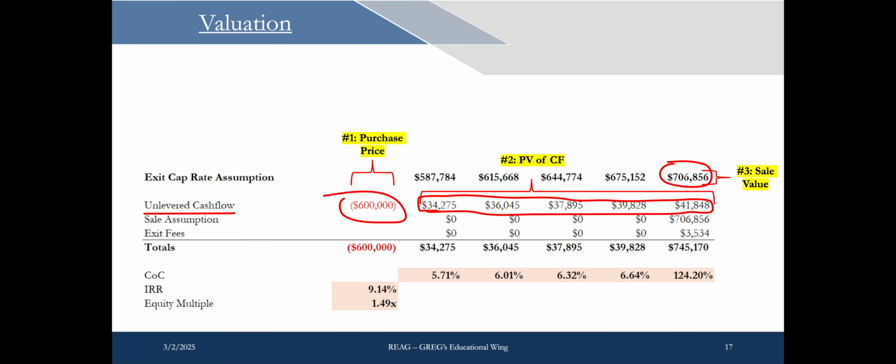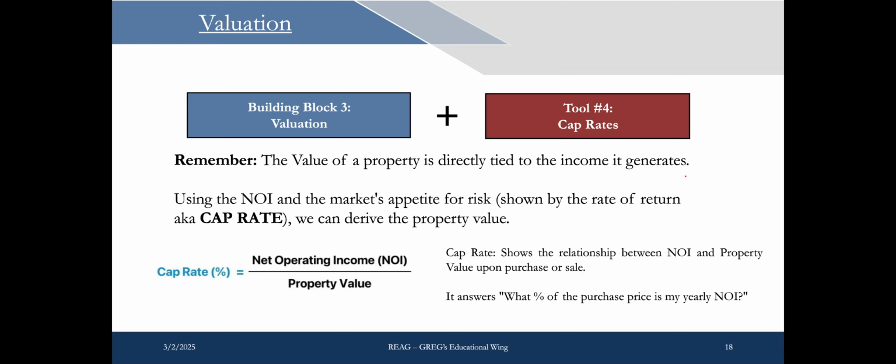It's very common in valuing dividend paying stocks, etc. But usually on a day to day practical level, you'll probably encounter more often something called a cap rate and valuing your property using your cap rate, right? So remember, the value of your income generating property is directly tied to its ability to generate the income. So the more cash it generates, and given the same cap rate, the more valuable it is.